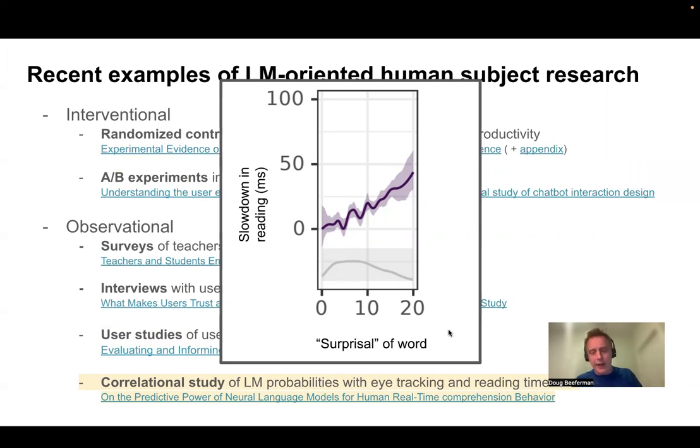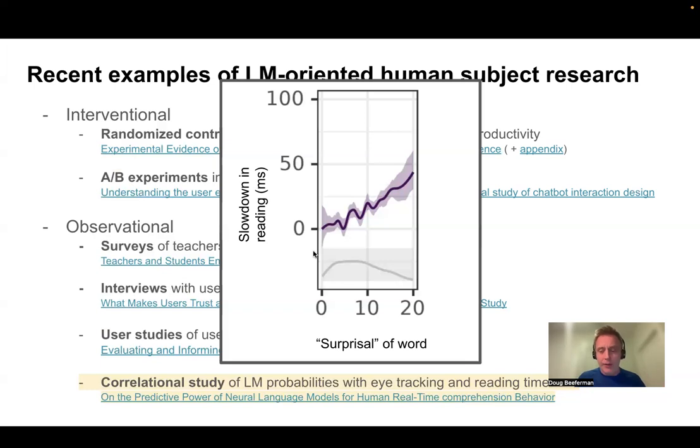They took that data and ran some recent suite of language models on the text from those data sets to measure how predictable the words were according to the language models versus the eye tracking and reading time related measures, which had already been established.